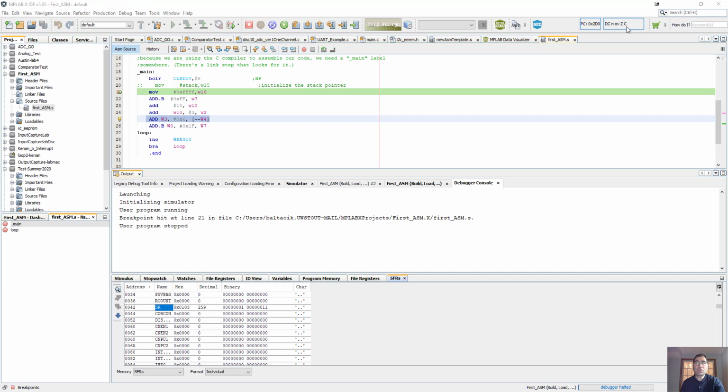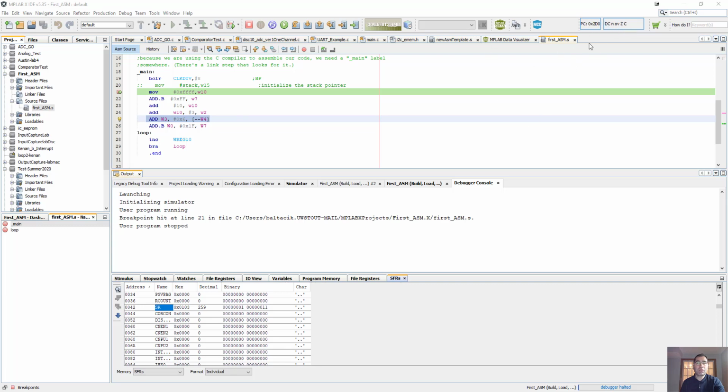As you step into each instruction, if the C is capital, that means you have a C flag, and if Z is capital, you have a Z flag. If they are lowercase, then those flags are not raised. This is one way of seeing the status register.